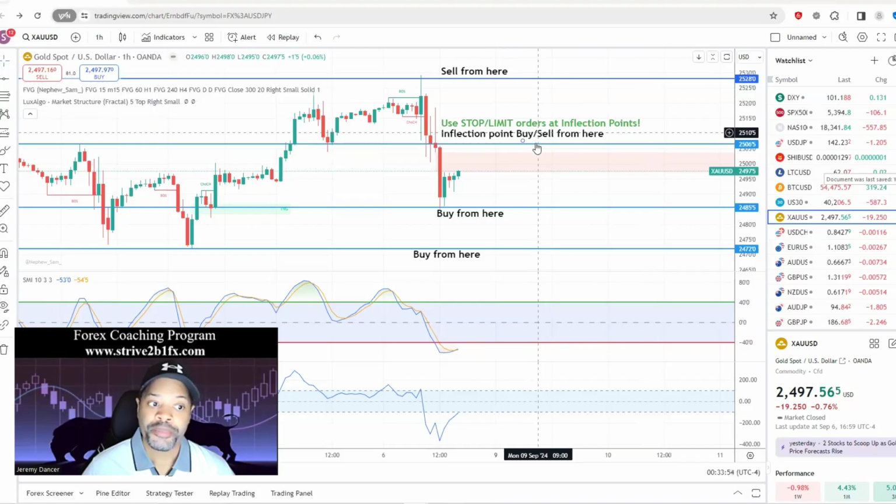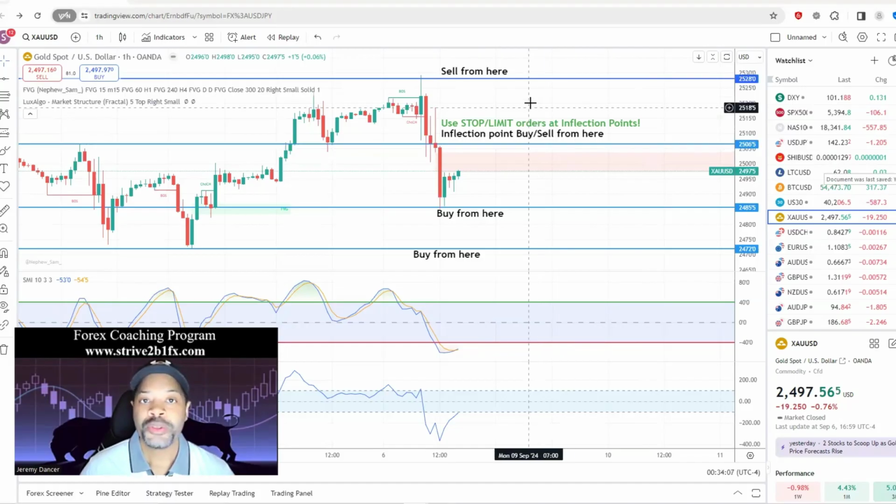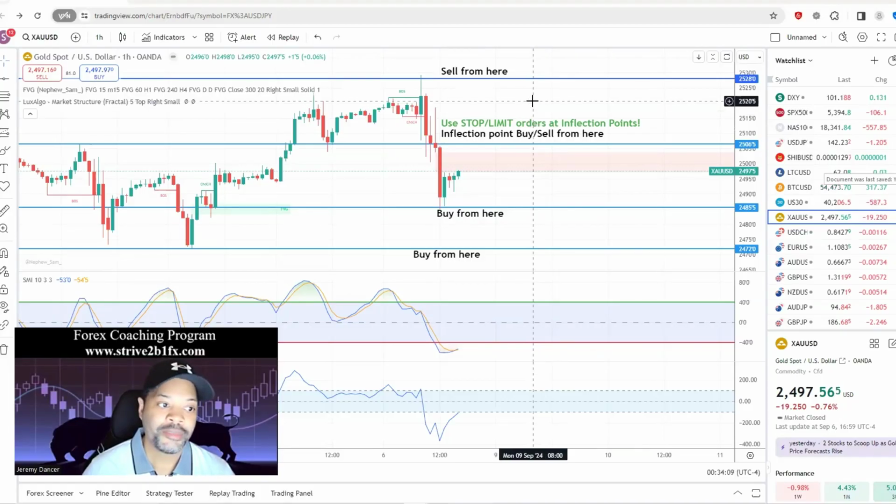At the same time, we don't know if the price is going to break this area of resistance. So we could also try a limit order around 25.05, and we can keep those stop losses fairly tight, maybe around 20 to 50 pips, give or take.